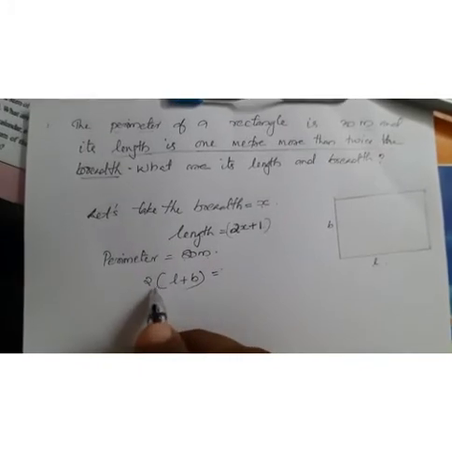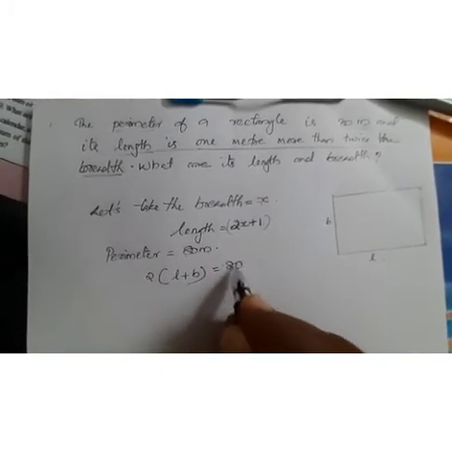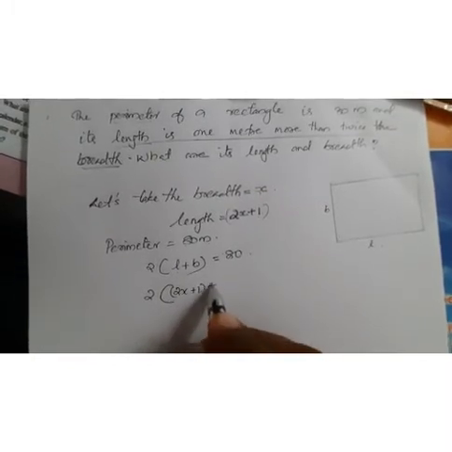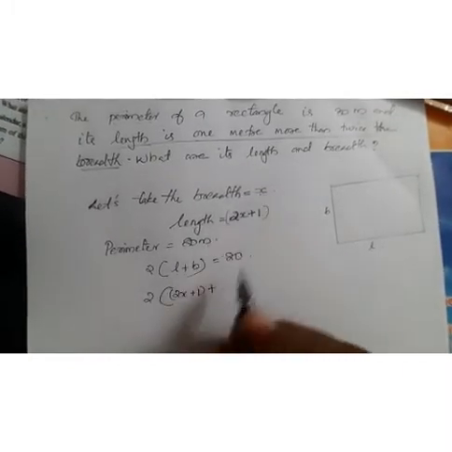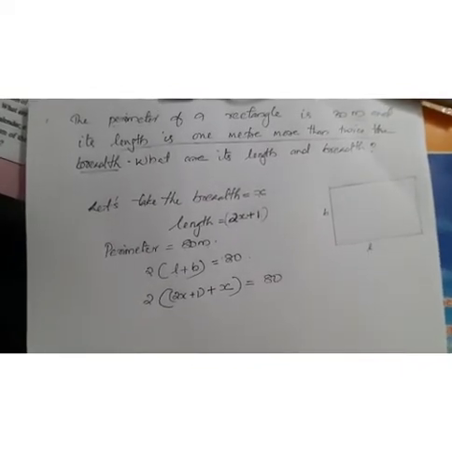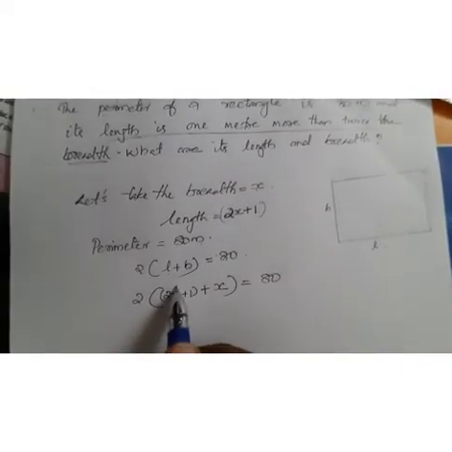So 2 into (L plus B) is 80. L is 2x plus 1 and B is x. So 2 into (2x plus 1 plus x) is equal to 80. So this is the length, this is the breadth.